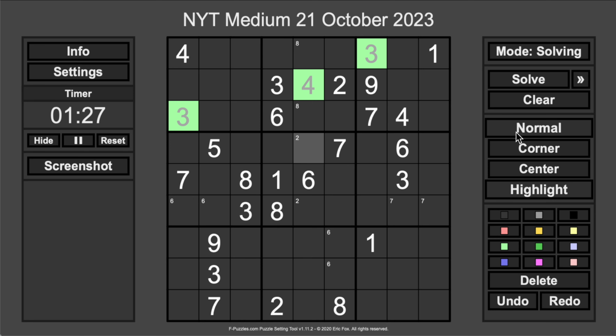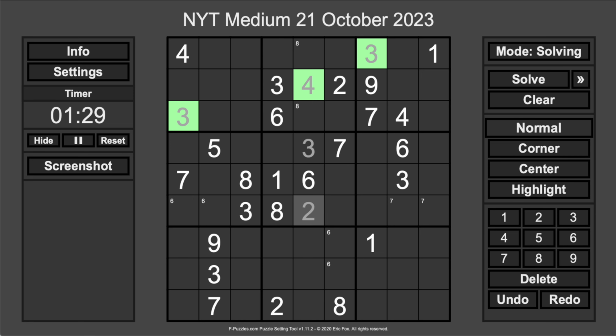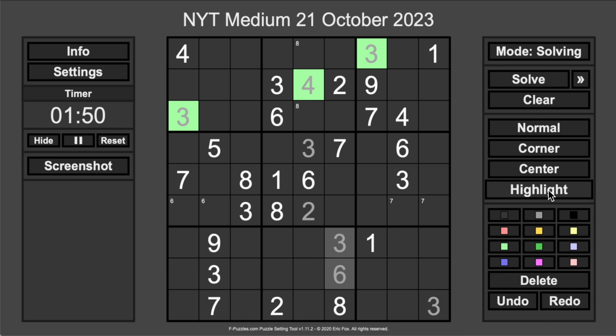So if this 3 goes here, which means that's 2. Now 3 goes down here, but it can't go there, so that's 3, which makes this one 6. And now I've got these 3s pointing down here, but it has to go here because this one and this one I just took by other 3s.